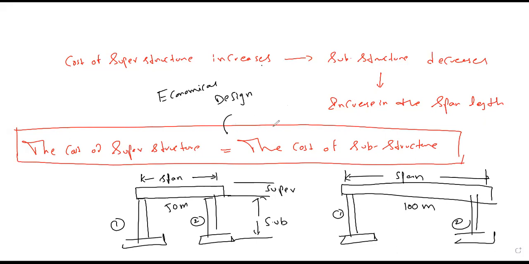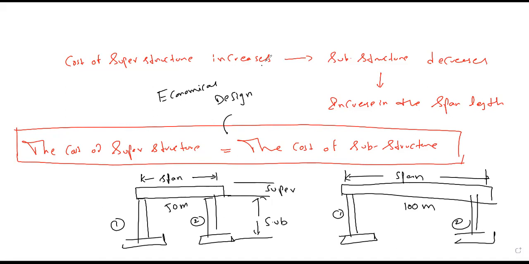How do we achieve this, the cost of the superstructure being equal to the cost of the substructure? We are going to do that derivation. Okay, guys? Clear? Till here, did everyone understand? What is this economical span? Why do we have to go with an economical design?